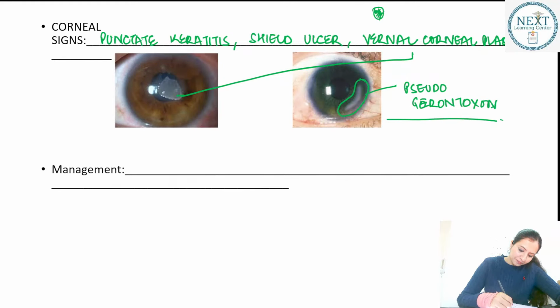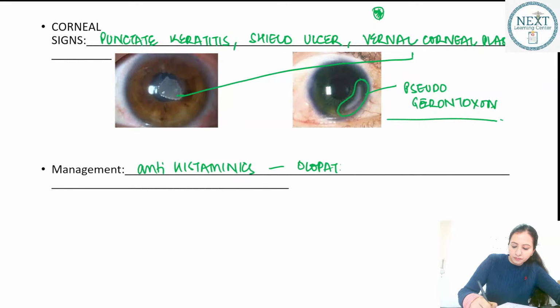Management will be antihistaminics such as olopatadine, or mast cell stabilizers such as sodium chromoglycate.